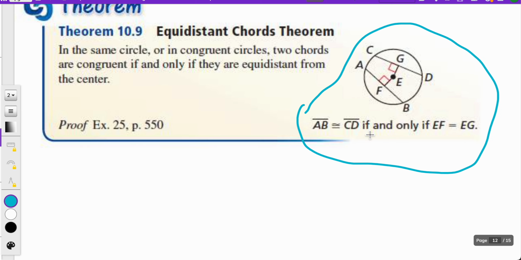So the chord AB can be congruent to chord CD if and only if EF, which is this line here, is equal to EG. So that would be a good picture to draw for your theorem sheet. When you're ready, go ahead and click play so we can try some examples together.